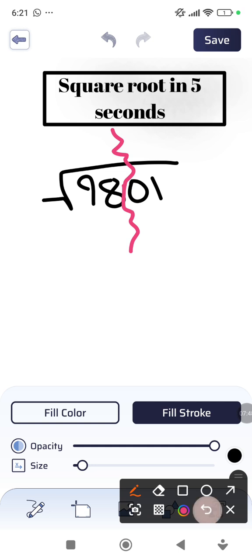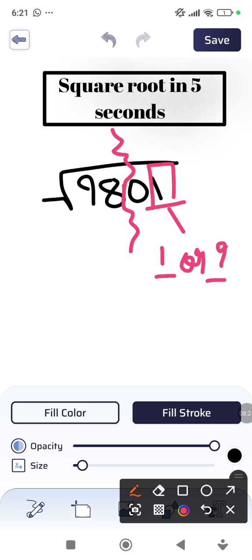Now, we have seen that if there's any square ending with 1, then the end digit of the number can be either 1 or 9. Okay, now let's forget this. We will only see the last digit. We'll forget this one.